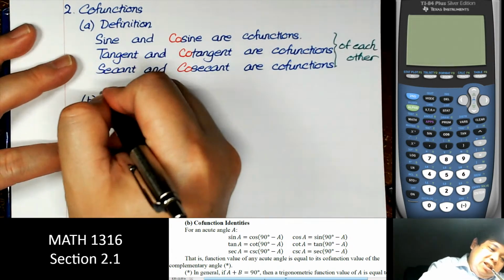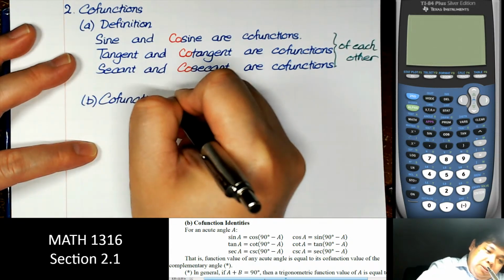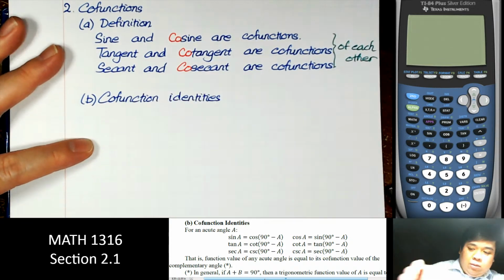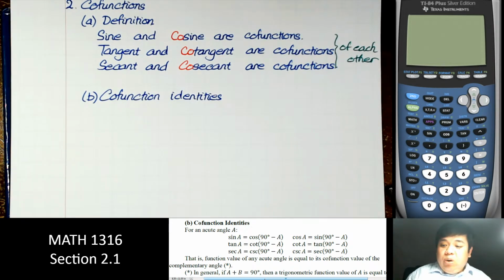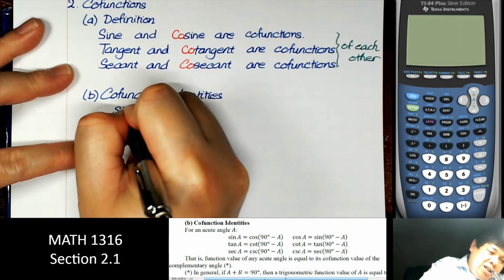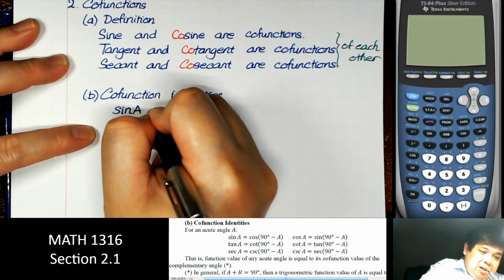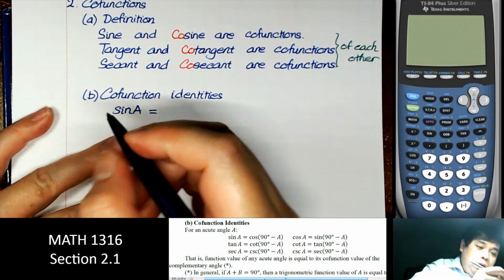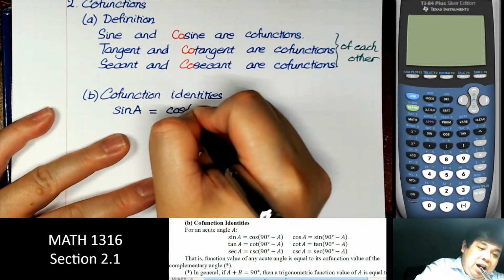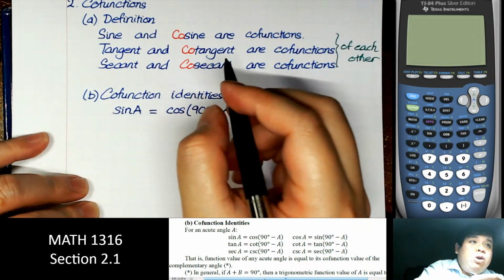Cofunction identities. I'm not going to even write all of them out because that's unnecessary. So the thing here is when we have sine of A is equal to cosine of 90 degrees minus A. And this works for all the trig functions.